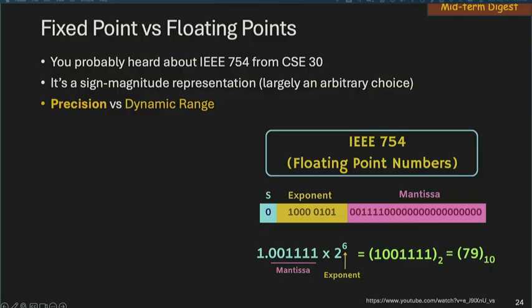With floating point, you can write the exponent with 8 bits, and go up to 127. So you can represent 2 to the 127 times a number that is greater than 1, which is much bigger than what you can represent with fixed point binary numbers.